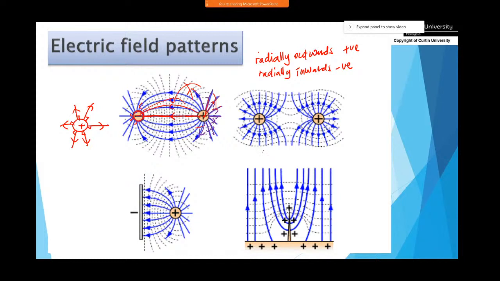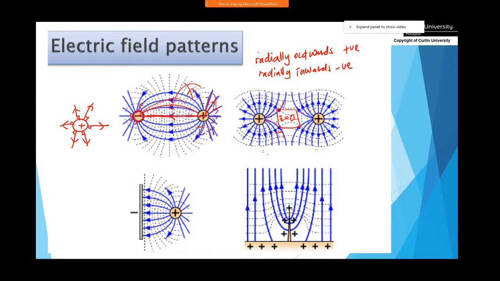And if you have two neighboring positive charge, what will happen is there will be a vacuum here in which electric field is equal to 0, because your positive charge, the electric field is always going outwards. You can't expect them to go here and stop somewhere. Okay, so it will be a vacuum at the center.